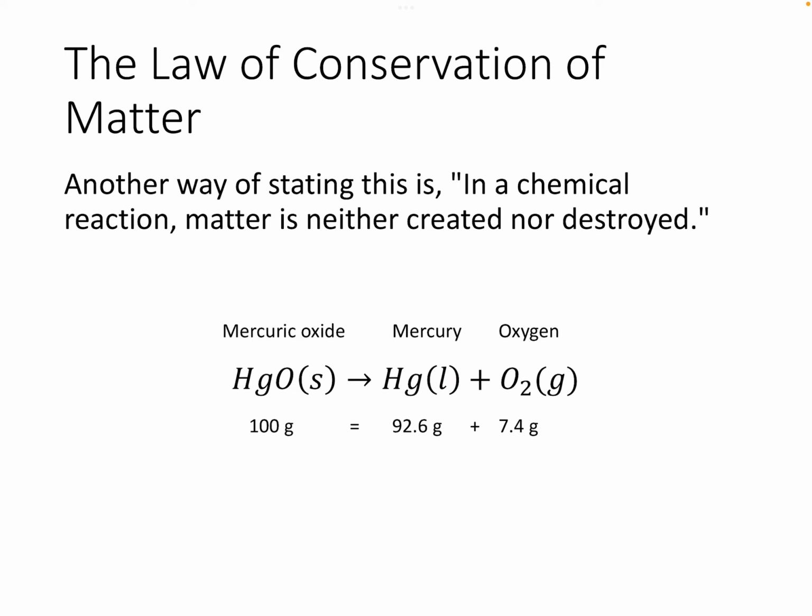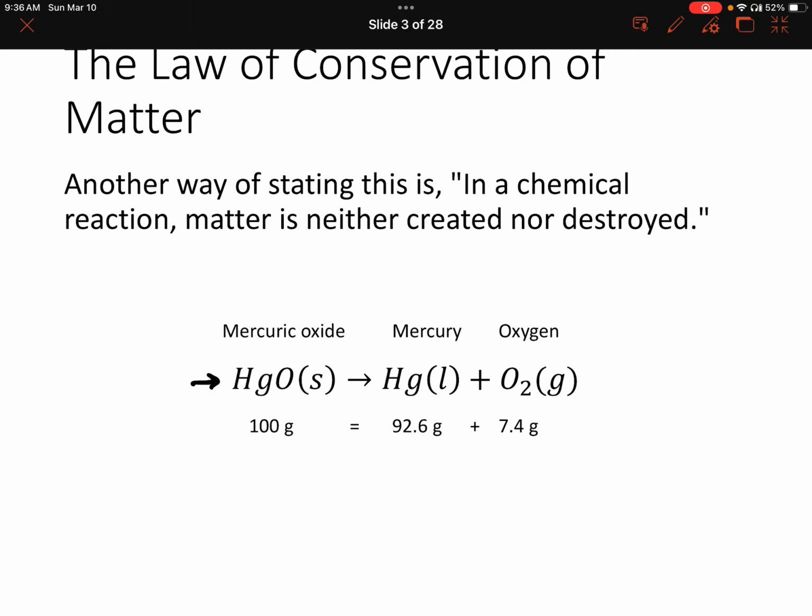So for example, let's say that we were performing a reaction where mercuric oxide, HgO, breaks down or decomposes into mercury and oxygen. So this is not a balanced reaction, but we'll balance some reactions later.